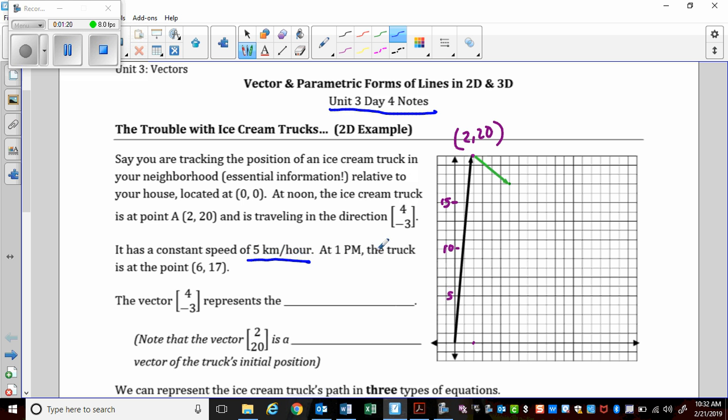At 1 p.m., the truck is at the point (6, 17). Well, this point right here is 3, 4, 5, 6, and then up 17. This is our point, (6, 17). The vector (4, -3) represents the velocity of our ice cream truck.